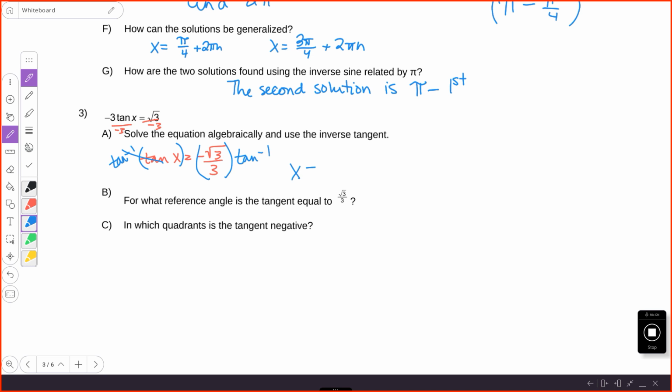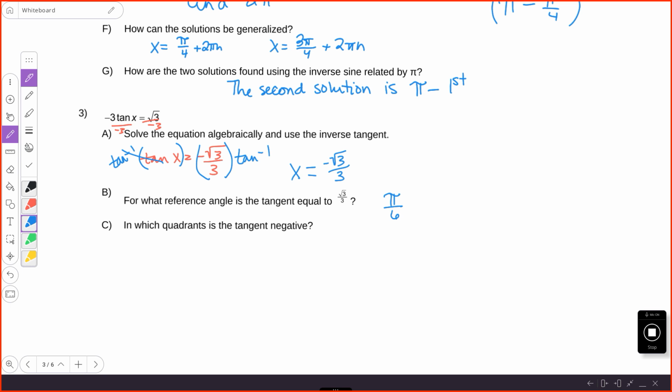All right, so now tangent, I have them memorized, but just go look at the chart. Where does tangent equal square root of 3 over 3? Pi over 6. But I need it where it's negative.